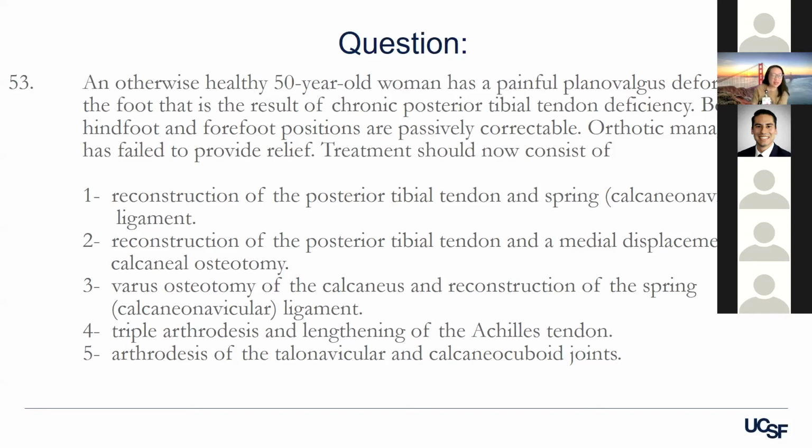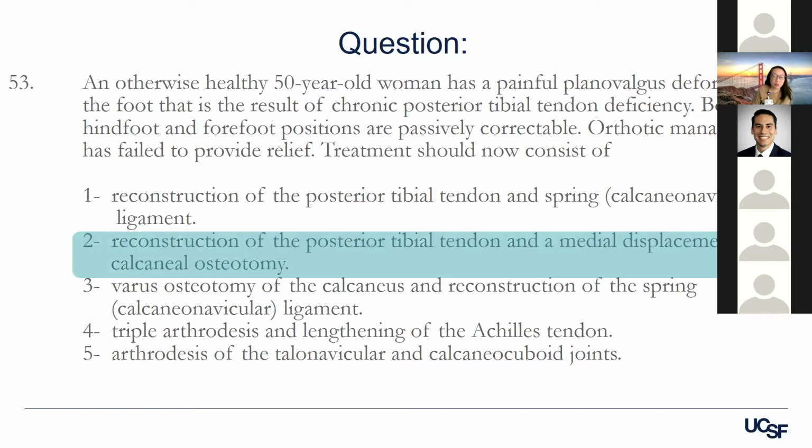Yeah, so varus osteotomy, maybe you can, right? Because you're trying to push the heel medially, but you don't want to really reconstruct the spring ligament, although it's certainly been described, but we know that doesn't really work. So the answer is reconstruction of the posterior tib tendon and medial displacement osteotomy.